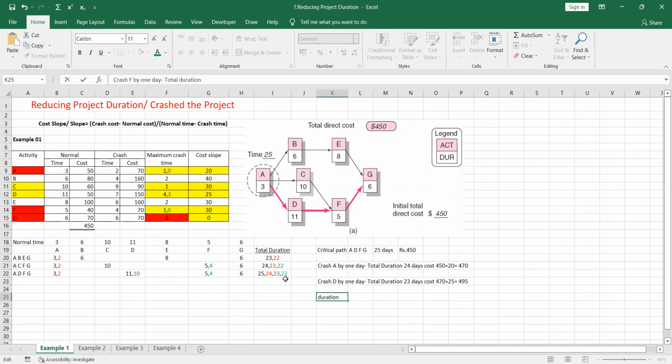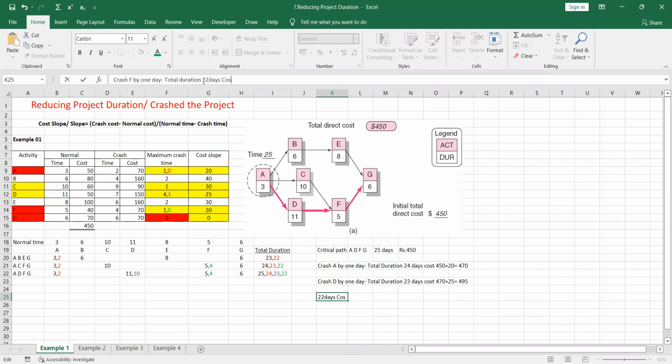Now can you see what is the critical path after reducing F activity by 1 day? What is the critical path? All these 3 paths now become the critical path because all these 3 paths are now having 22. That means after crashing F by 1 day, total duration now becomes 22 days, right?